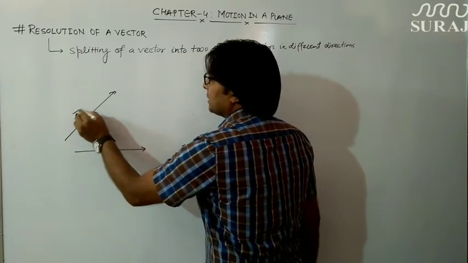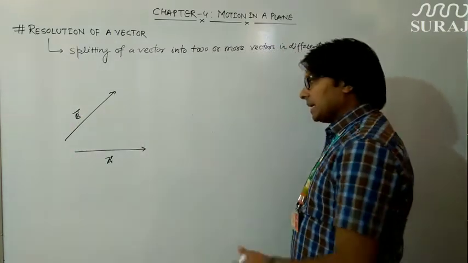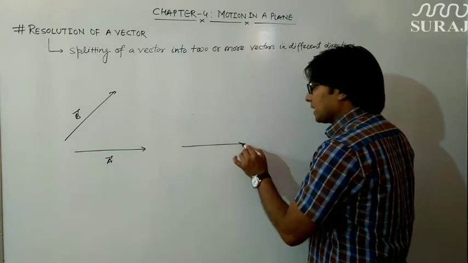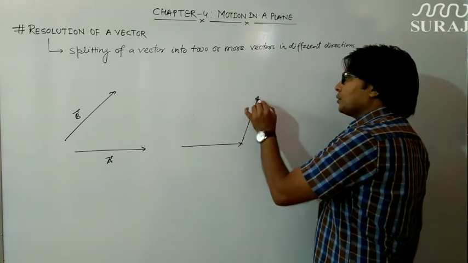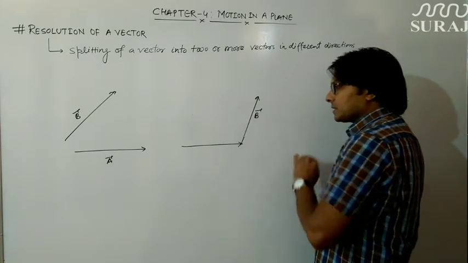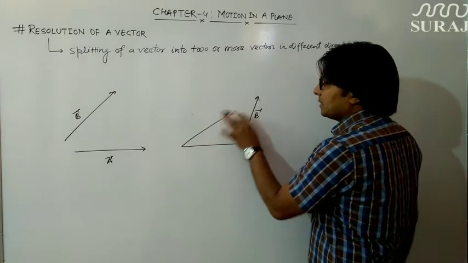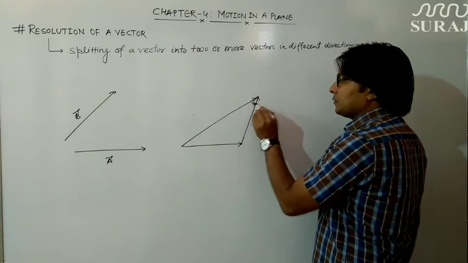Definitely you will combine these two vectors to find their resultant. Suppose I am using the triangle rule of vector addition; according to that we will construct a triangle using these two vectors, and the third side of this triangle is going to represent the resultant vector.